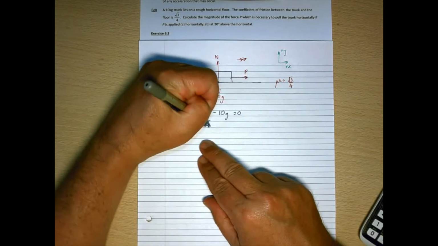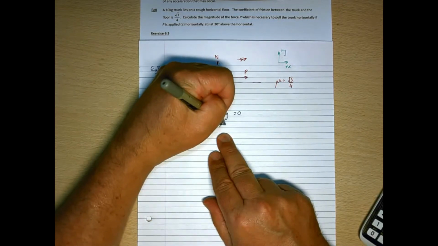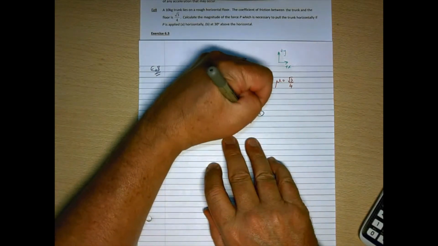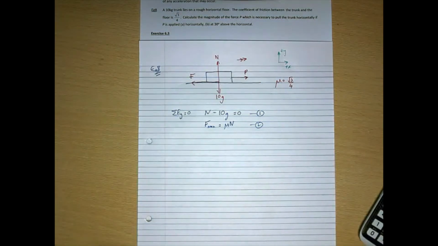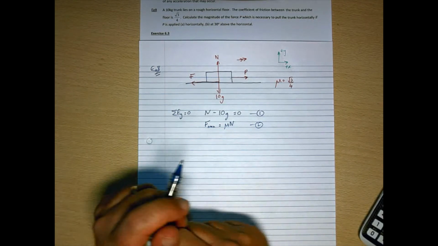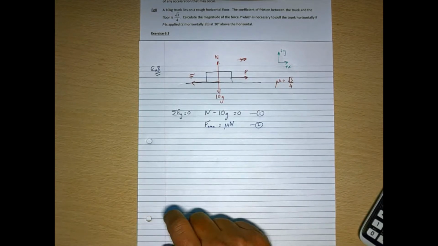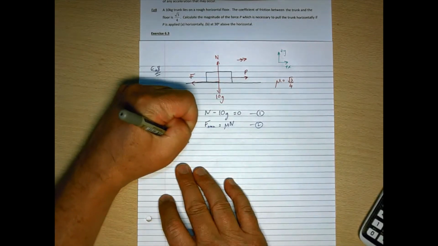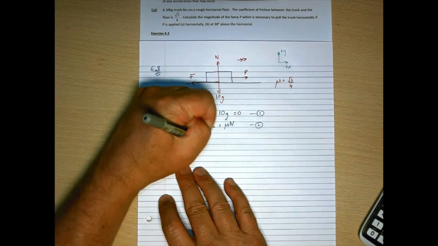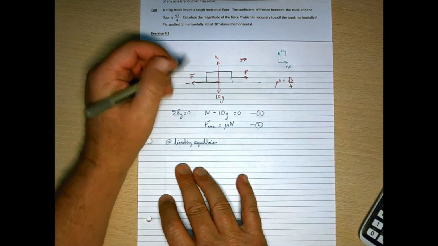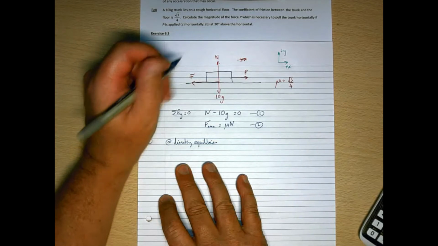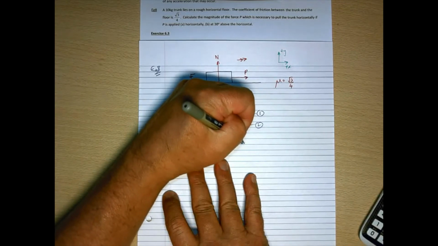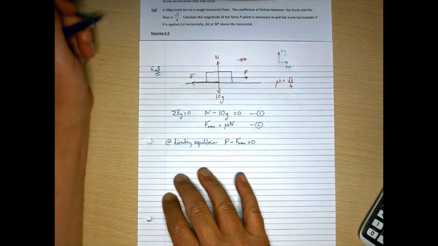Then we know that F max equals mu N, and we know that at the point of moving, which is limiting equilibrium, so it's at the point of moving but it won't have moved yet, then there's going to be no motion, and P minus F max is going to equal 0.